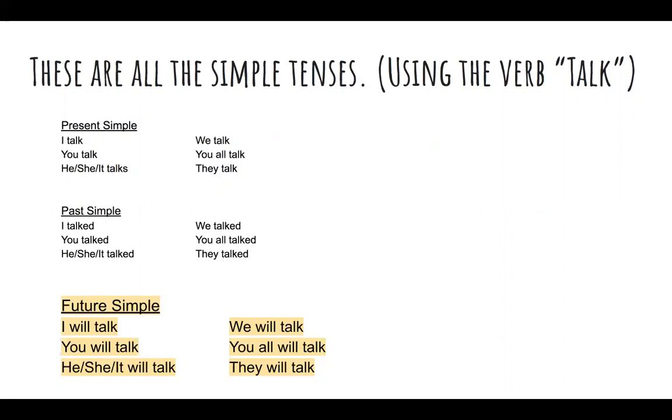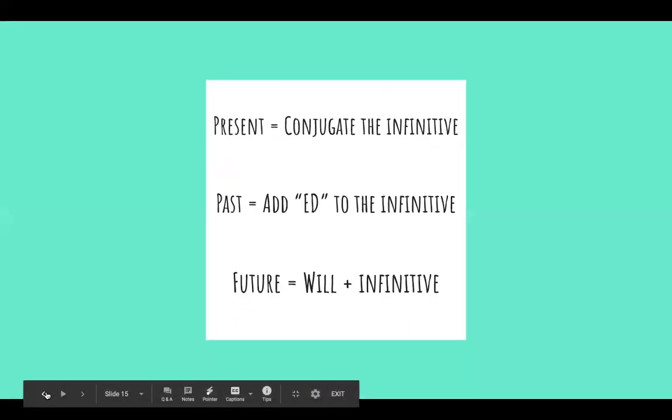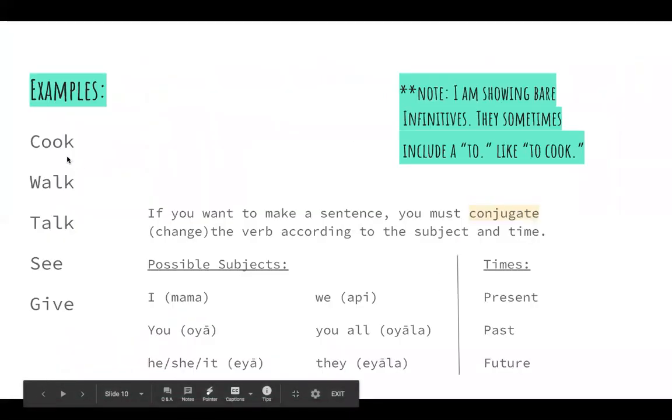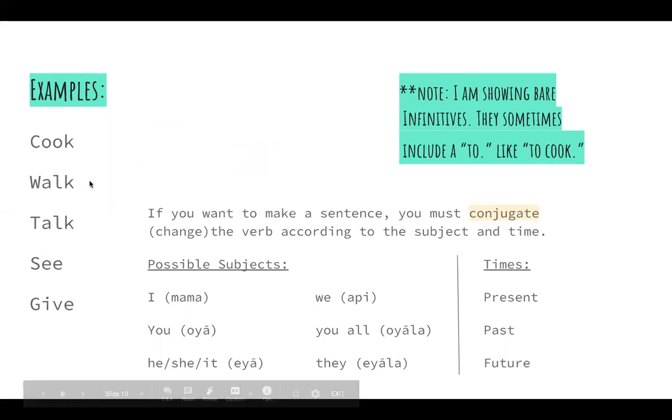If you want to make these forms, you just use the infinitive. That is all you need. So we go back. Some examples like here, cook, walk, talk, see, give. If you want to make these into a sentence, you have to think about the subject and the time. So in the present, you can say, I cook.